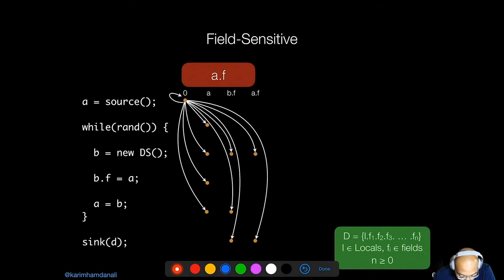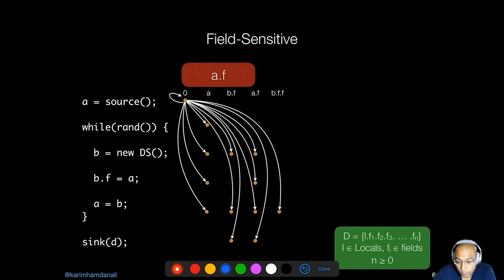Then in the next iteration, A.f is going to be tainted, B.f is going to be tainted still. Then from that assignment statement, B.f is equal to A.f is tainted. Now when A is equal to B, B.f is tainted, because I'm basically adding one level of dereferencing every time I go through the loop.